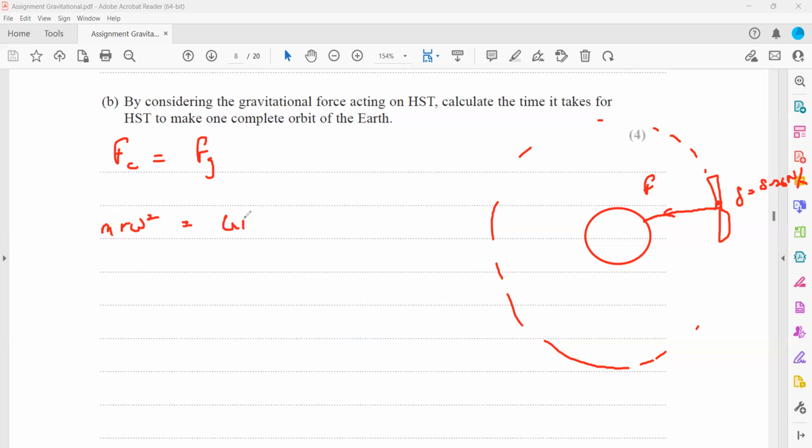And gravitational force is G, the mass of the Earth, times the mass of the satellite or object, over r square, where r is the distance between their centers, which is equal to the sum of the radius of the Earth plus the orbital height above the Earth.